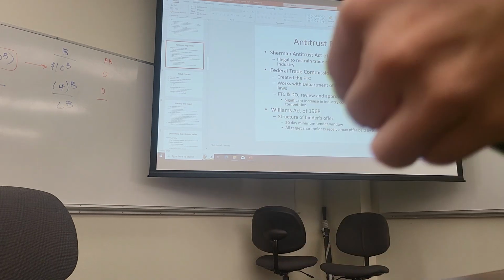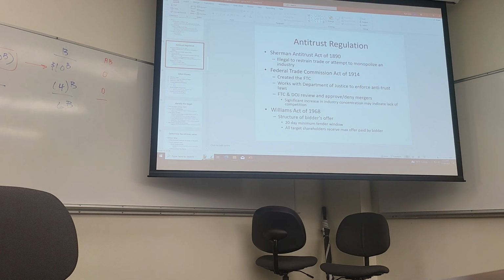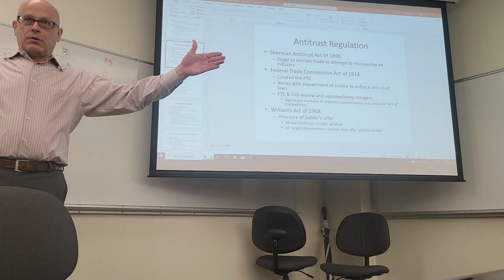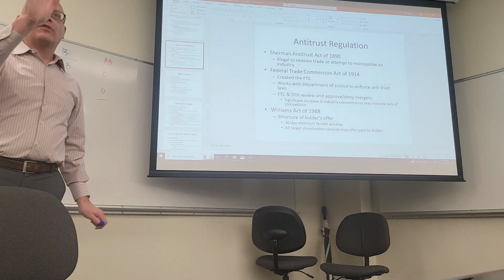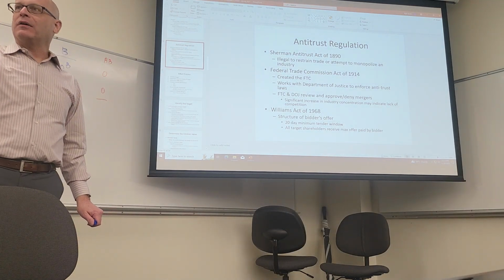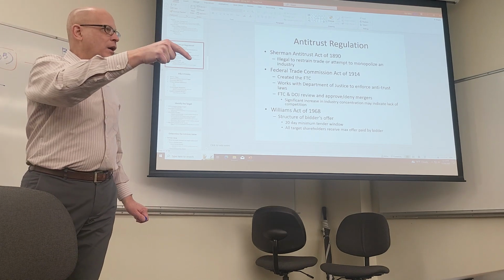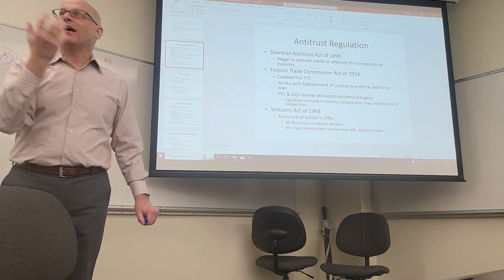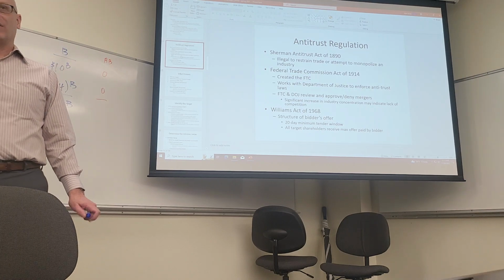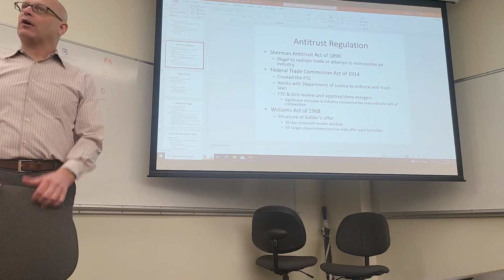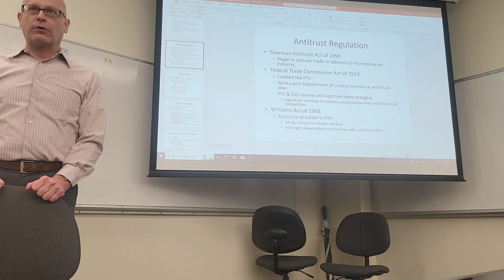So the Williams Act said, no, I've got to make that offer available for a period of time. Because of that, it also gave an incentive for everybody to tender their shares as soon as possible, so they weren't the ones left holding their stock after I got controlling interest, right? So it gave an incentive for you to sell your stock really quick to me at that offer.